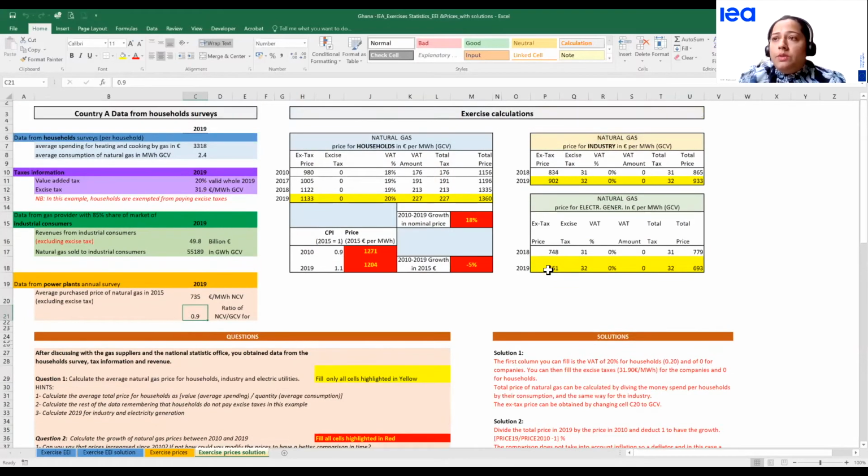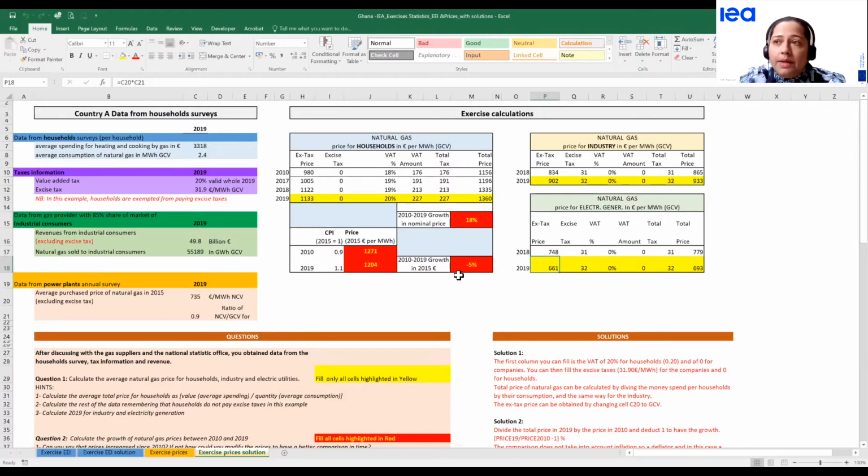So what will we do? For the ex-tax price, you take the average price, because you already know it, but given that it's in NCV and you want it in GCV, you will multiply by 0.9. And you multiply here because the megawatt hour NCV is in the denominator.